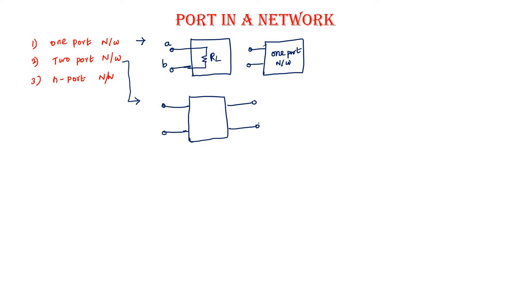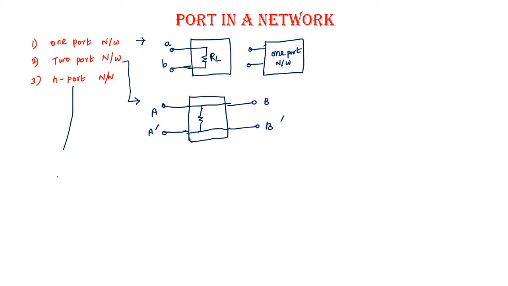In such a network, the resistance is connected in between the terminals. Okay, this is the two-port network, A A dash, B B dash. In a two-port network, current entering in one port is leaving in another port.